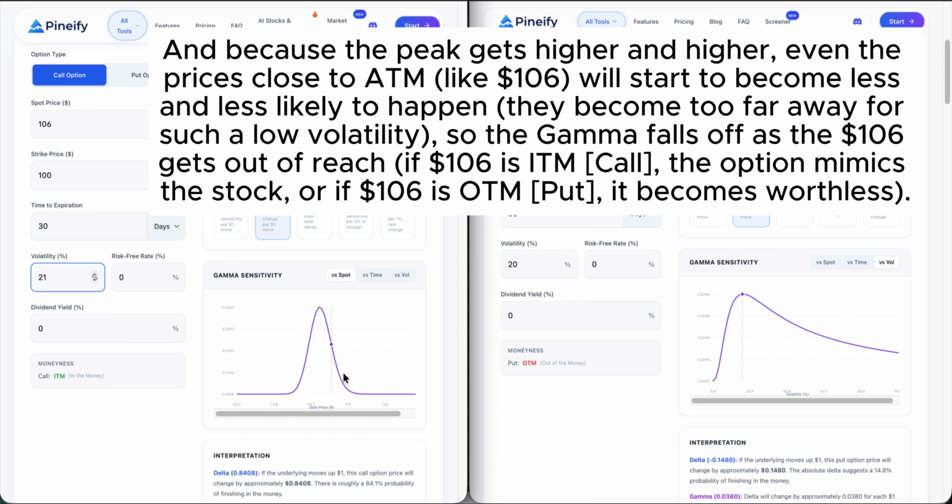And so as we remove volatility, the gamma goes down, and at this point in time we are already on the right-hand side of the graph.